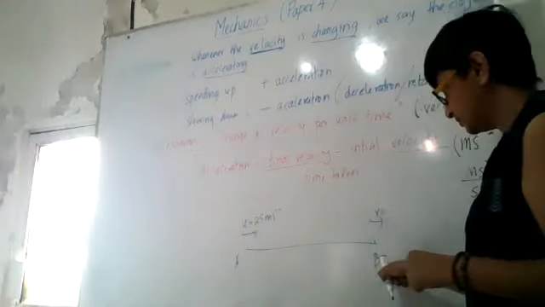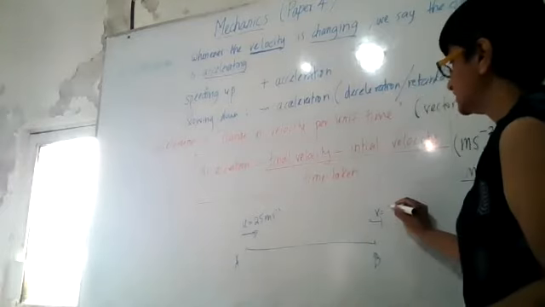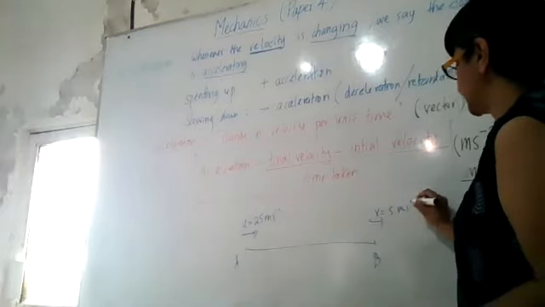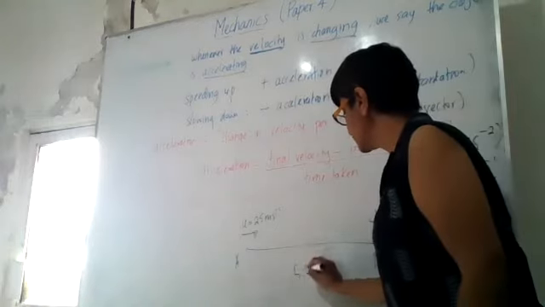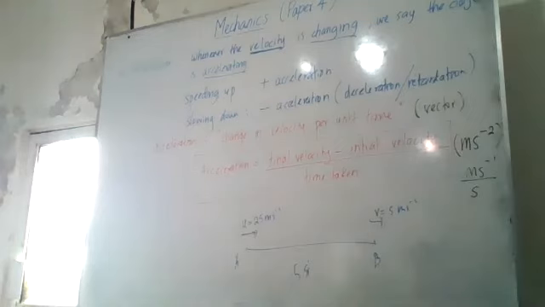Final velocity at B for this section of motion is, say, 5 meters per second, right? And he takes 5 seconds to travel from A to B. What is his acceleration? It's actually decelerating, not positively accelerating.